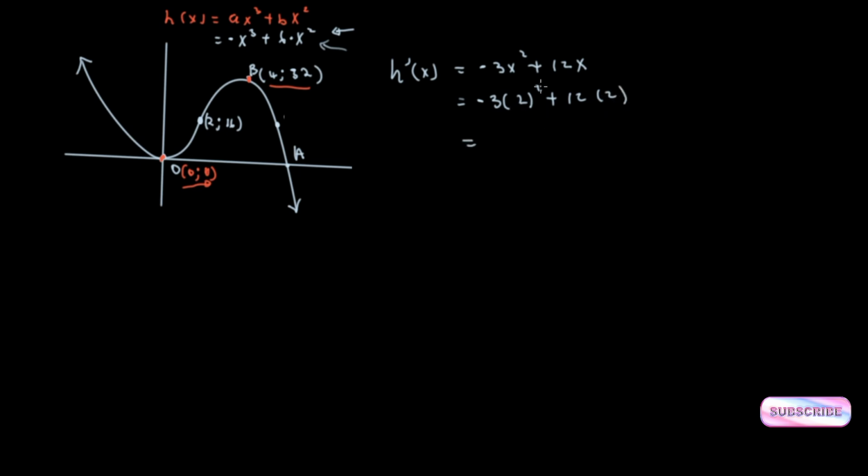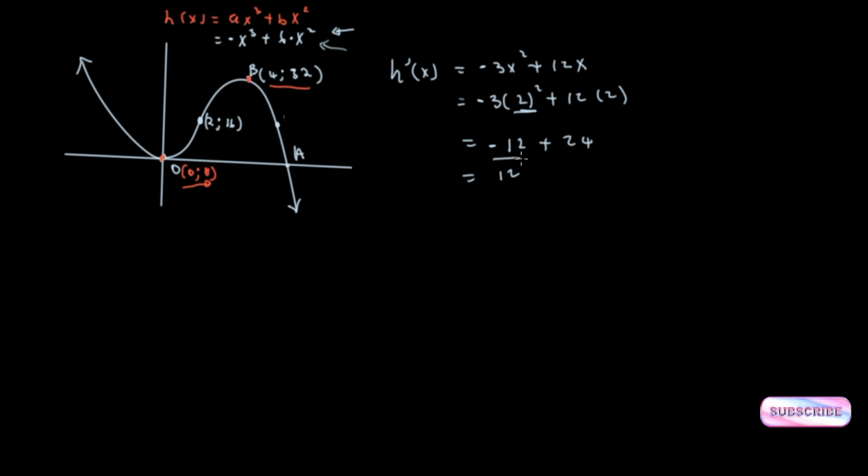This is 4 multiplied by -3, which gives -12, plus 24, and this gives you 12. As you can see, the gradient is positive. The line will go just like that, so that is not really important.